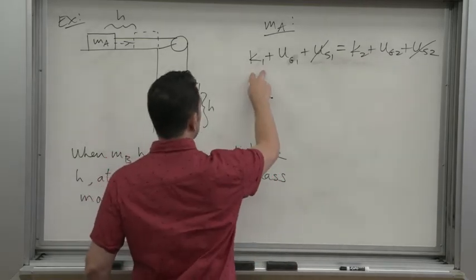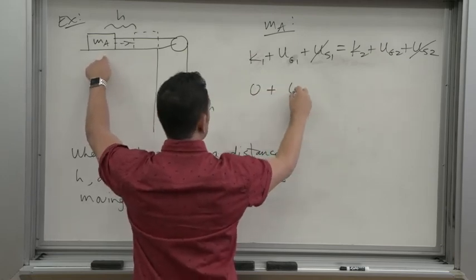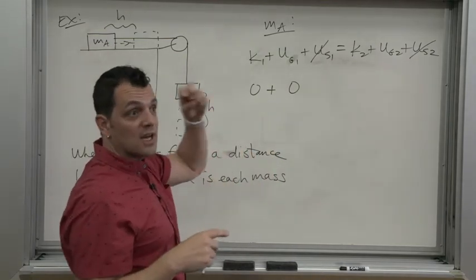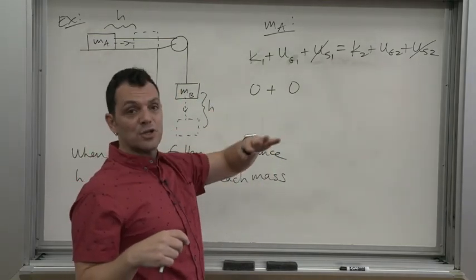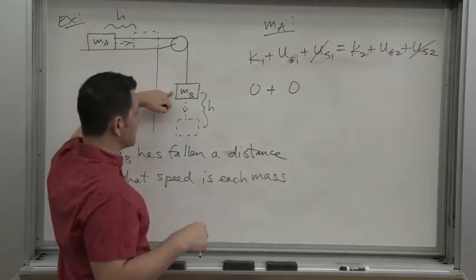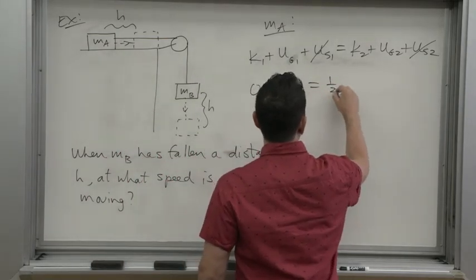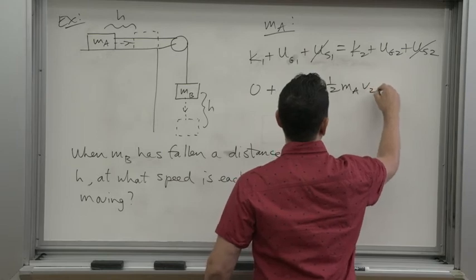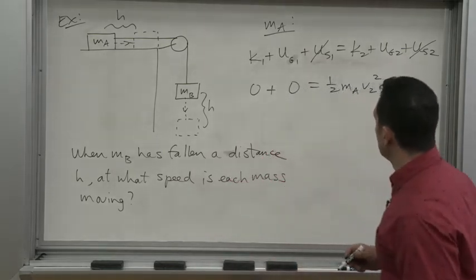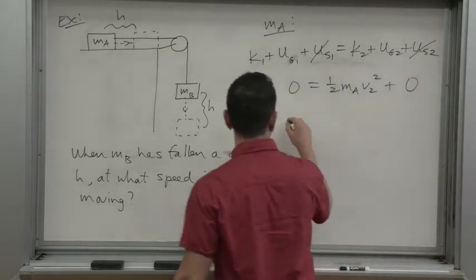Initial kinetic energy is 0. Initial potential energy is 0. We can choose Y to be 0 here. For different masses, we can choose different origins. We can choose Y equals 0 to be here for mass A and here for mass B. This is equal to K2, which is 1/2 MA V2 squared plus 0 again. And the problem is that this now tells me that V2 is equal to 0.